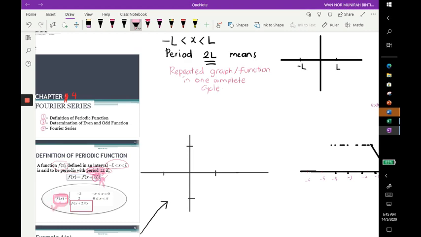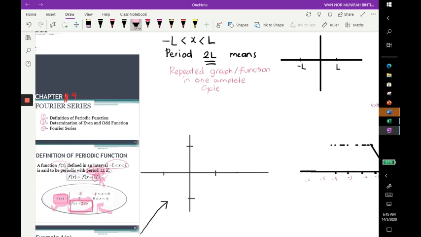When you write f(x + 2L), this means that your function, for example from negative pi to 0 and 0 to pi, is repeated within the interval of 2 pi.